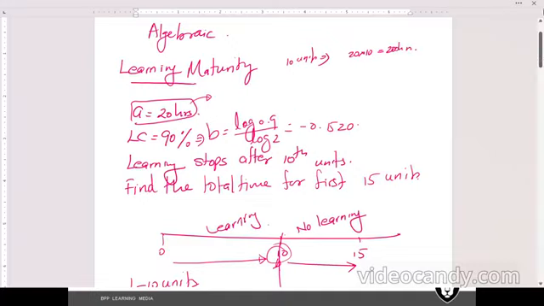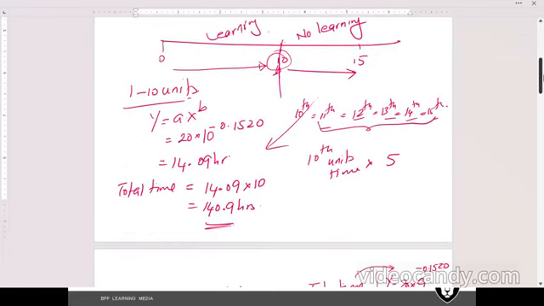But after applying the learning curve, I understand it's going to be only 141 hours, 140.9 hours that's required. So imagine instead of 140.9 hours, if I give a budget allocation of 200 hours, how much extra time am I giving? Almost 60 hours of extra time.